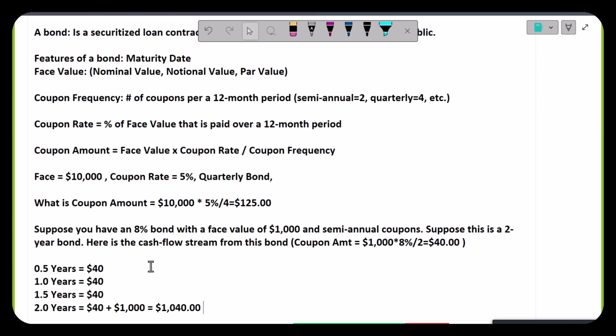Any fixed rate bond will give you the coupon amount for all the coupon periods until maturity. And on the last date, maturity date, you will get the last coupon plus the face value, right? This must be awfully familiar to something you may have seen in your earlier classes.